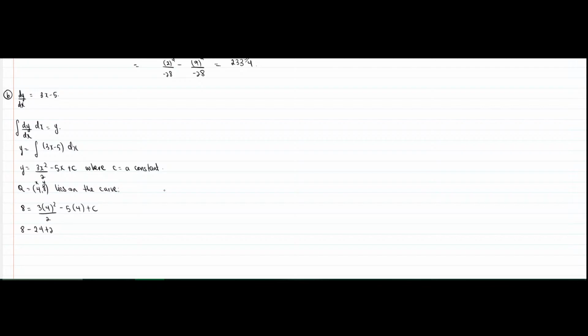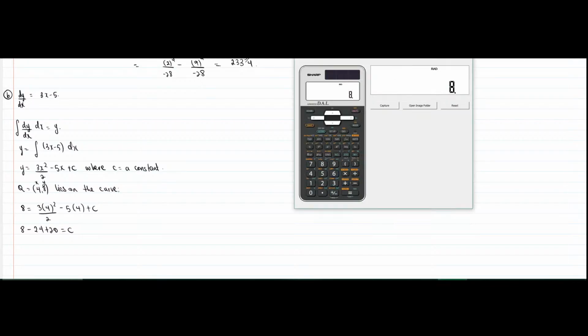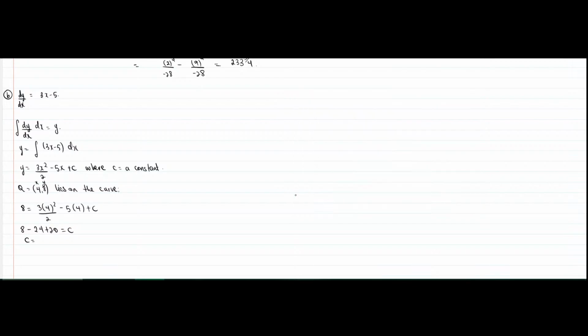Plus 20 is equal to c. I like to double check on my calculator. 8 minus 24 plus 20 is 4. So c is equal to 4. Therefore y is equal to 3x squared over 2 minus 5x plus 4.